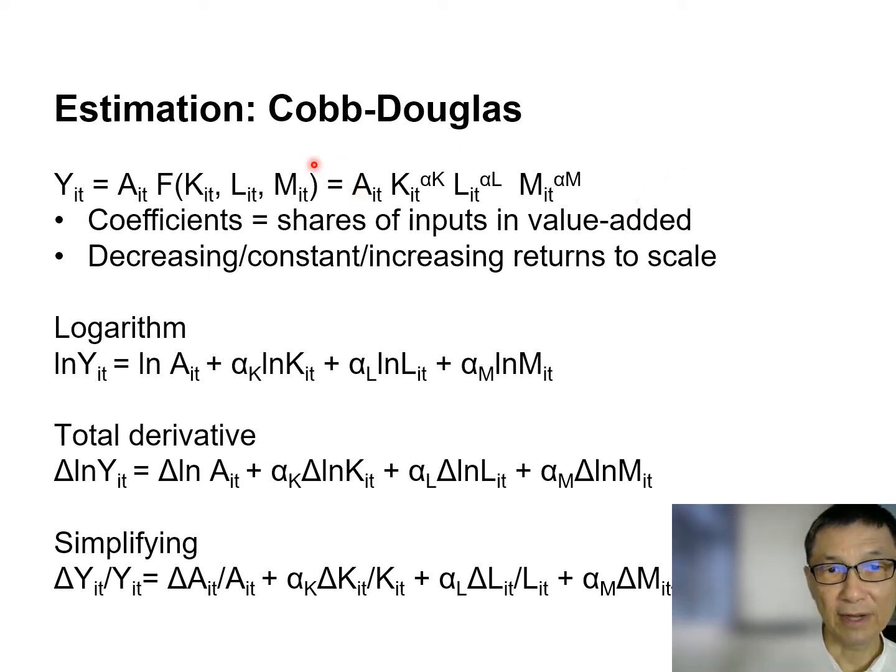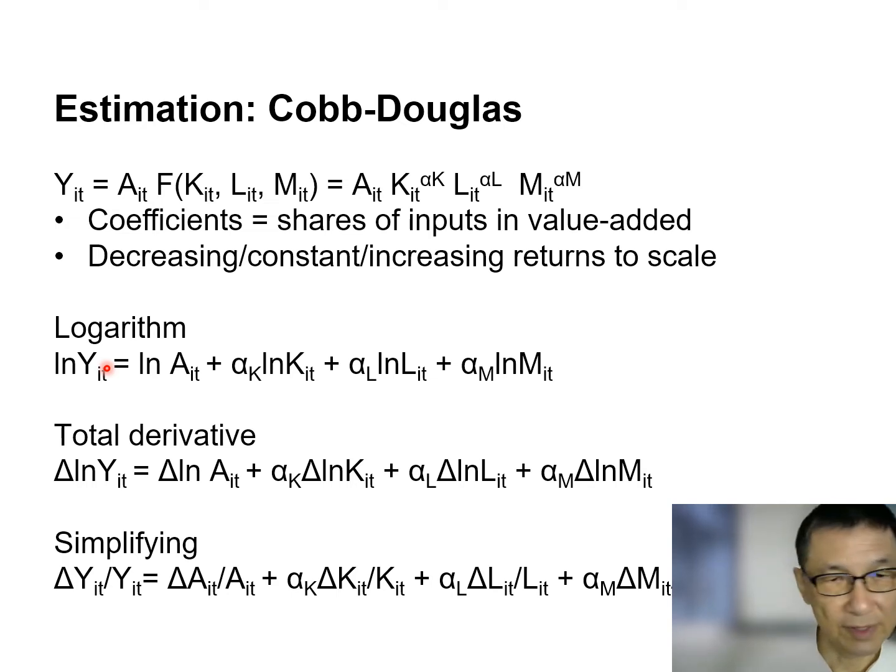And when we simplify in logs, we get logarithm of A plus alpha K times logarithm of K plus alpha L times logarithm of L plus alpha M times logarithm of M. And this log expression of the Cobb-Douglas production function helps us to see clearly that the coefficients alpha K, alpha L, alpha M are the shares of these inputs in value added.